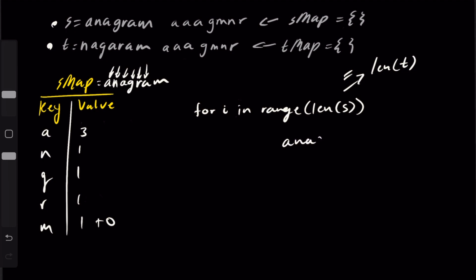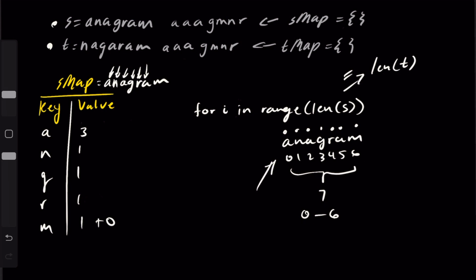Anagram, 0, 1, 2, 3, 4, 5, 6. The length is 7. There are 7 characters, 1, 2, 3, 4, 5, 6, 7, and the indexes are from 0 to 6. Okay, that makes sense. We always start counting at 0, so the length is 7 characters, and we go from 0 to 6.